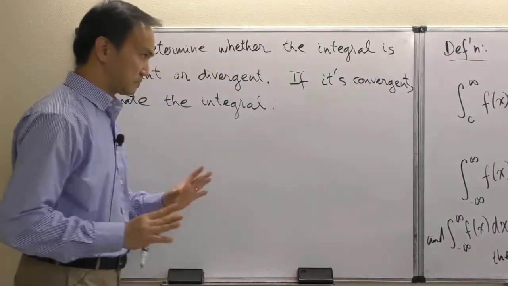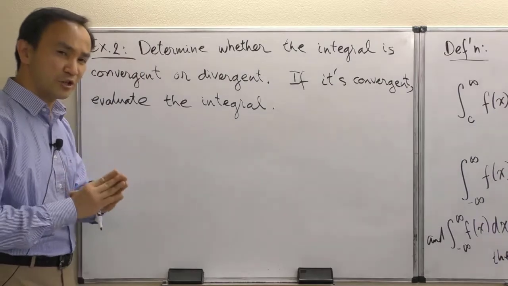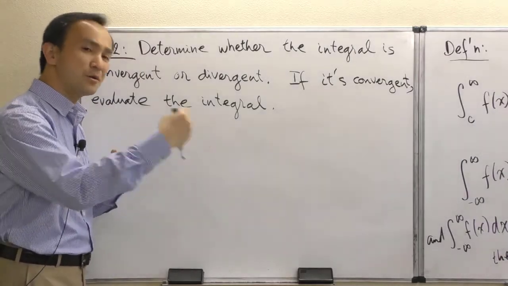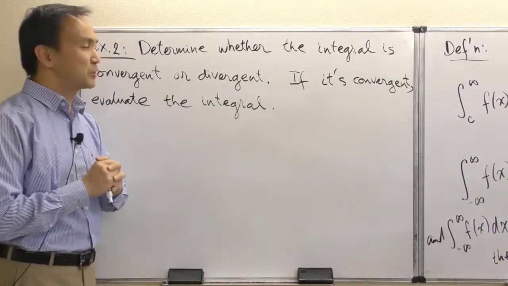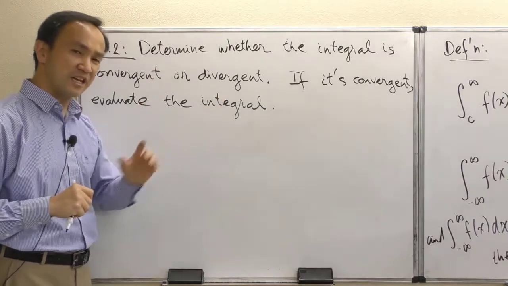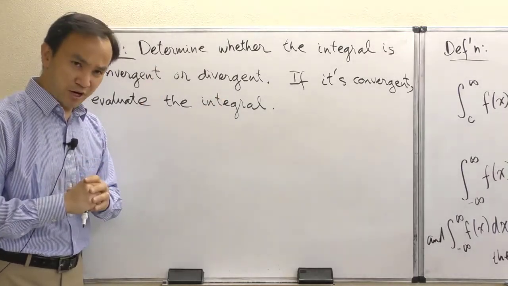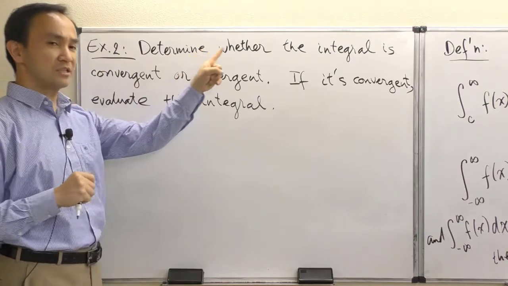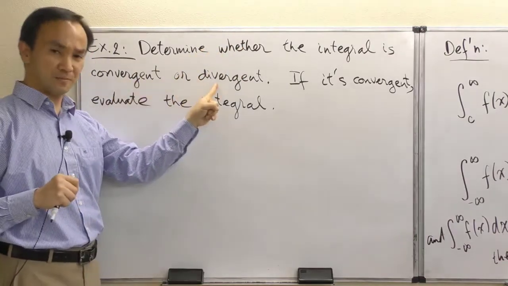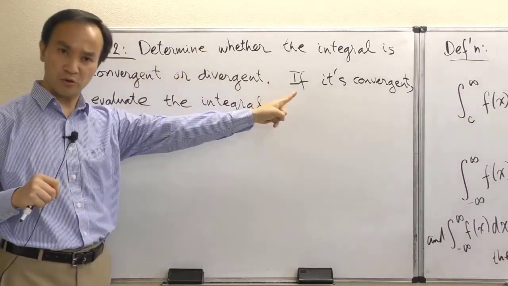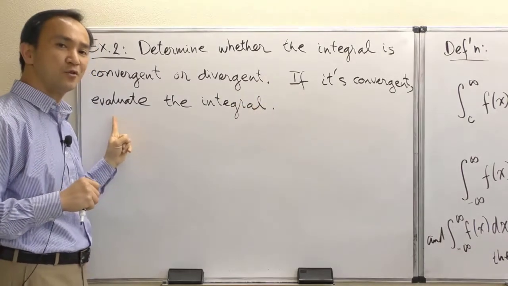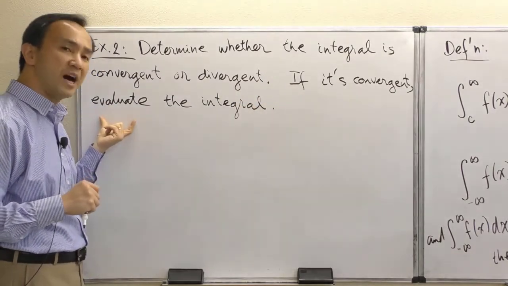So again, just like the logical thinking and thought process we went through in example 1, the first thing in any of these improper integrals is that we have to decide whether it's convergent or not. If it's convergent, then we're going to proceed further to find its final numerical value. That's what it means by evaluate.